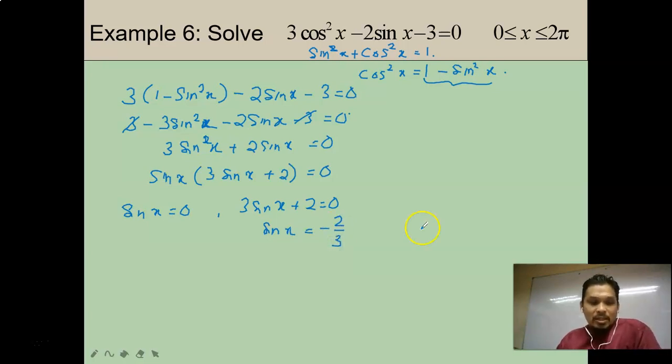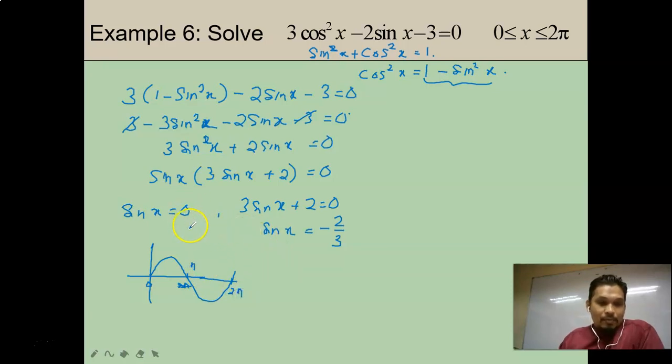So by using the graph of sine, the special case sine x equals 0. Sine begins from the origin point here, 0, to pi. Here is pi and 2 pi.